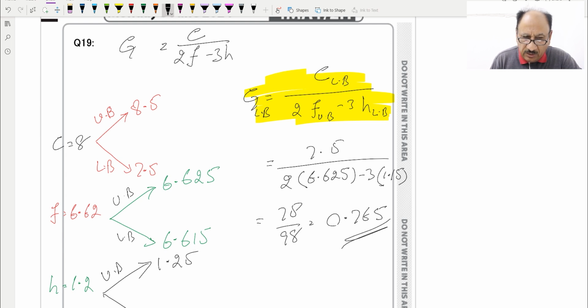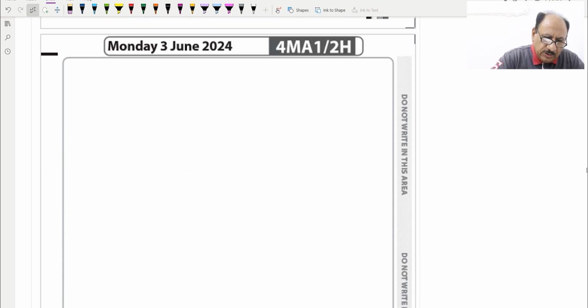So this is the final answer, and this is for 3 marks. Hopefully you understood this.